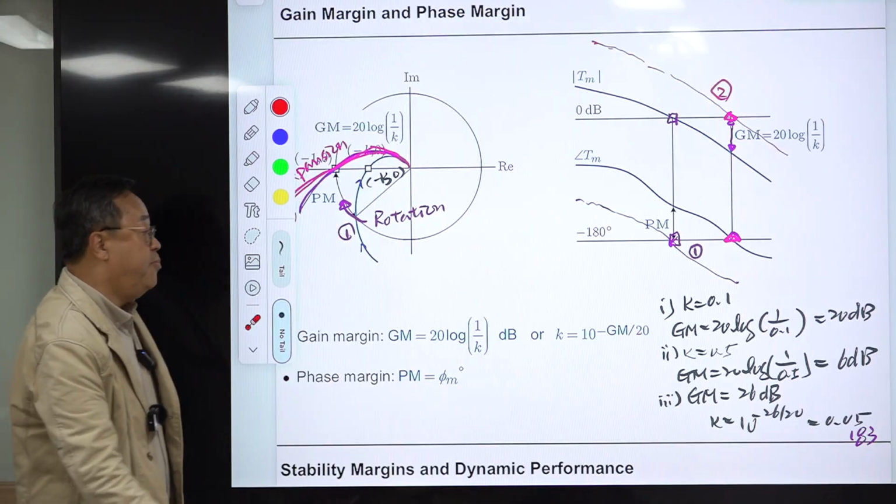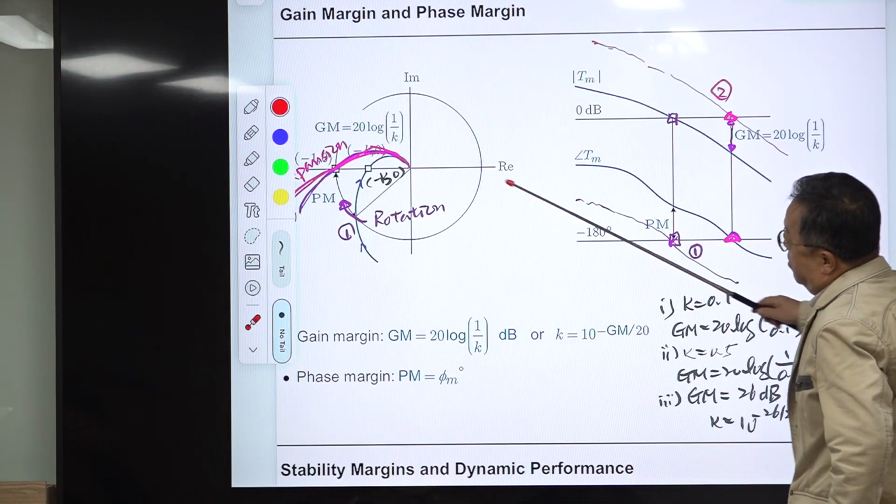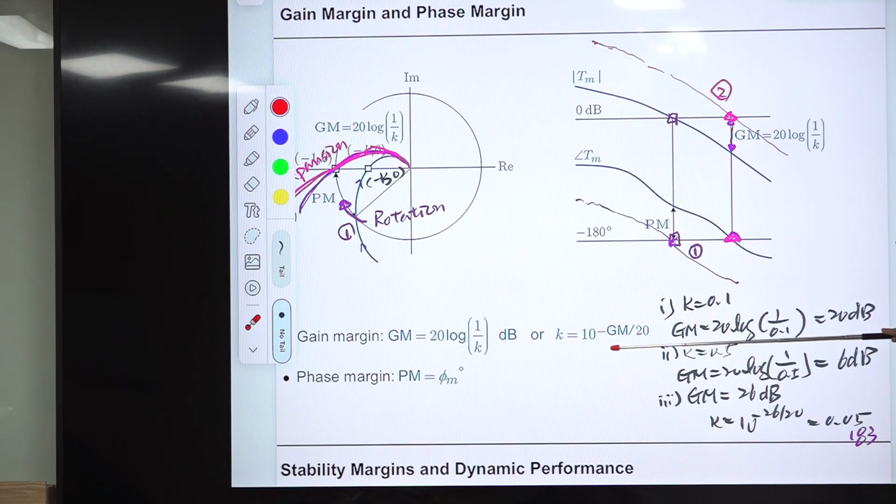Okay. For example, if k is 0.1, maybe the crossing point is somewhere here, then you calculate this, and the gain margin is 20 dB. When k is 0.5, this becomes 20 log 2, which is very close to 6 dB. If the gain margin is 26 dB, then you calculate this, and k is 0.05.